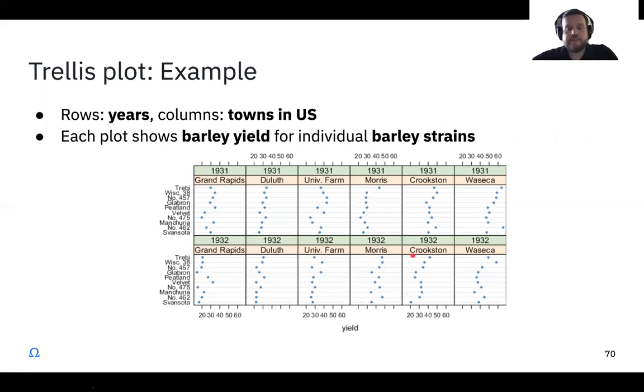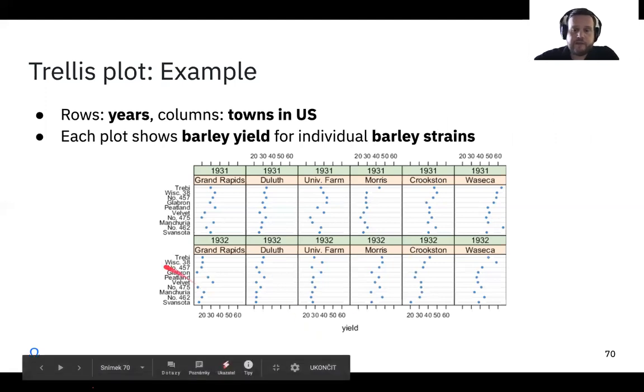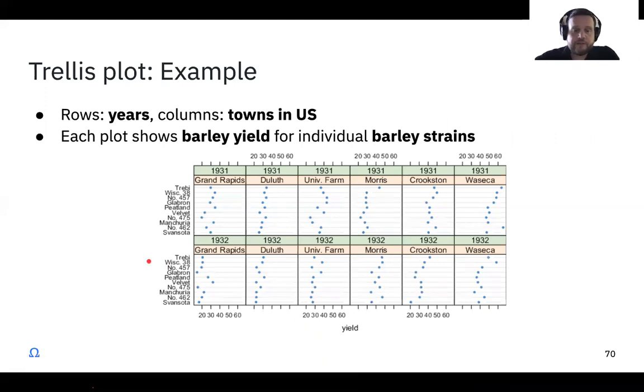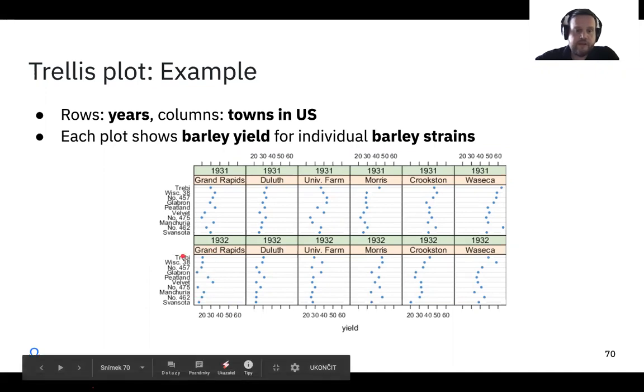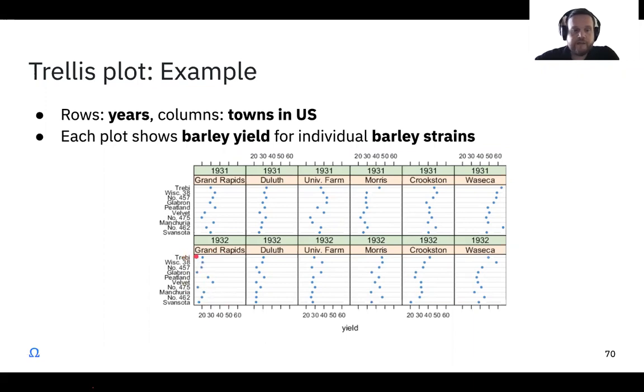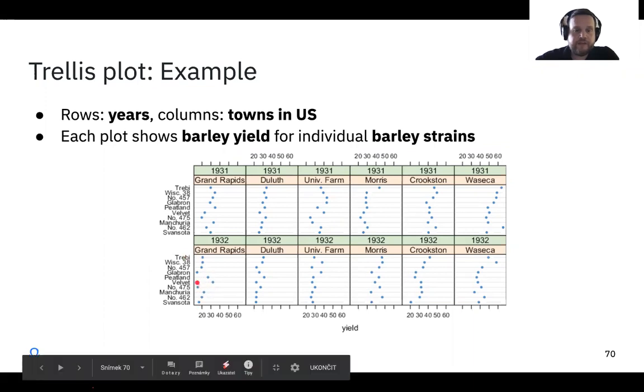So here, for example, in this instance, we have the yield of various strains of barley in towns of the United States in 2 years. Each of these plots is essentially a bar chart, right? Except it's done in this minimalistic way where, instead of a bar, you just have a point.